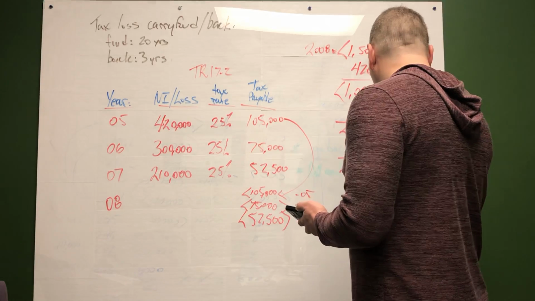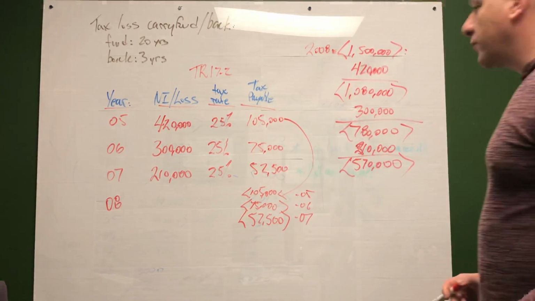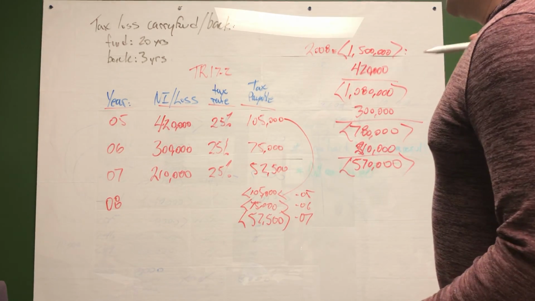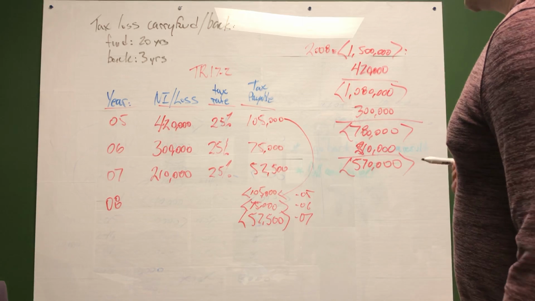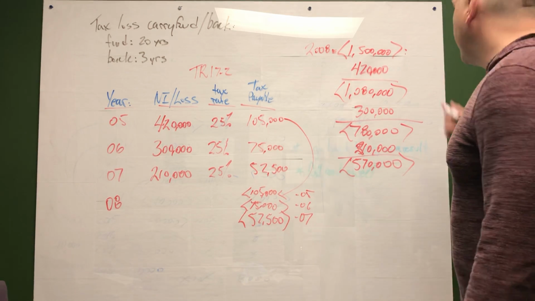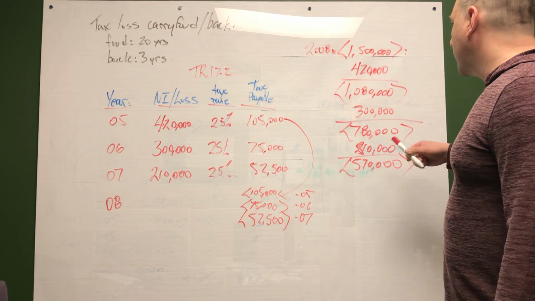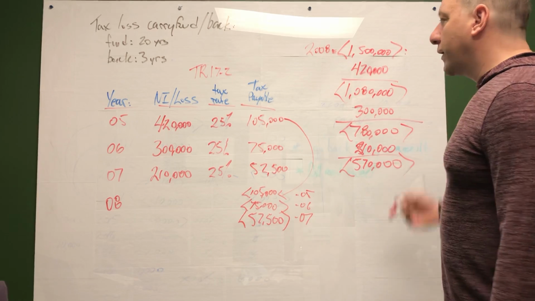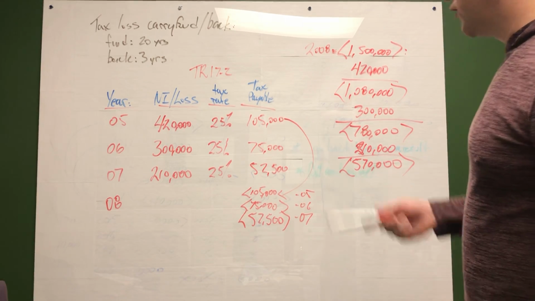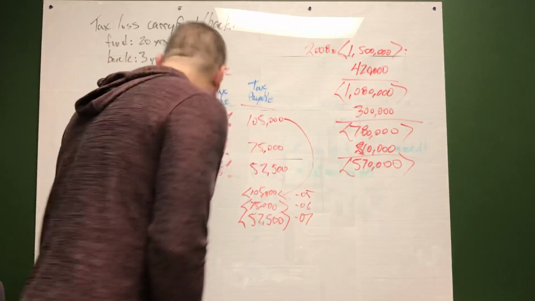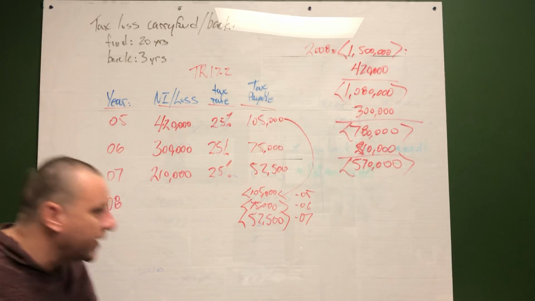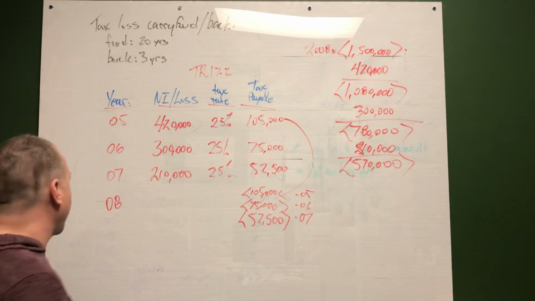What does the 570 represent? The 570 represents the loss carry forward that we can use. So of that 1.5 million, we carried back to get refunds of the tax we paid for '05, '06, and '07. The remaining amount, 570, is going to be carried forward.